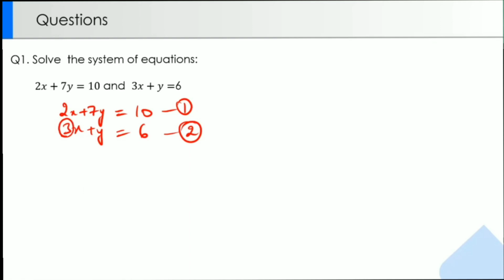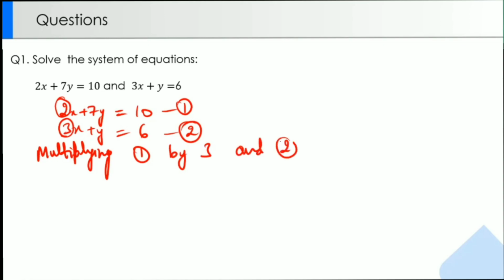So I can multiply the first equation by 3 and the second equation by its coefficient, that is by 2. So multiplying equation 1 by 3 and equation 2 by 2.